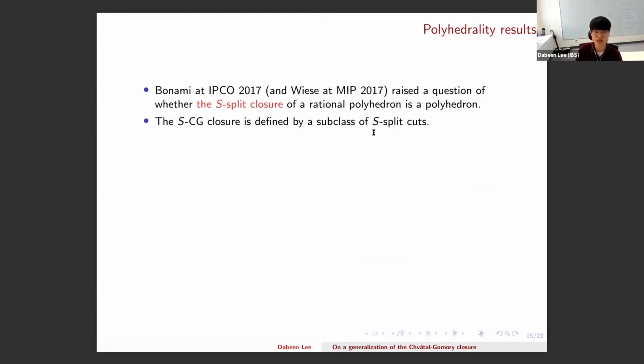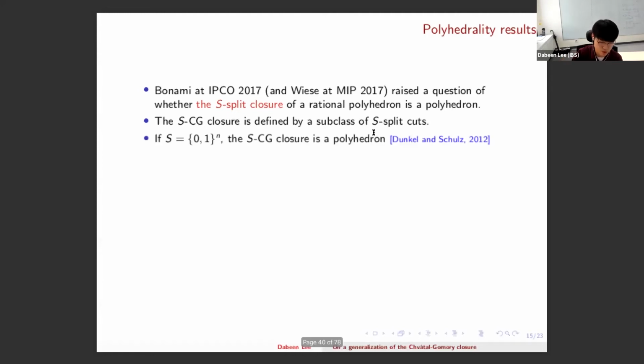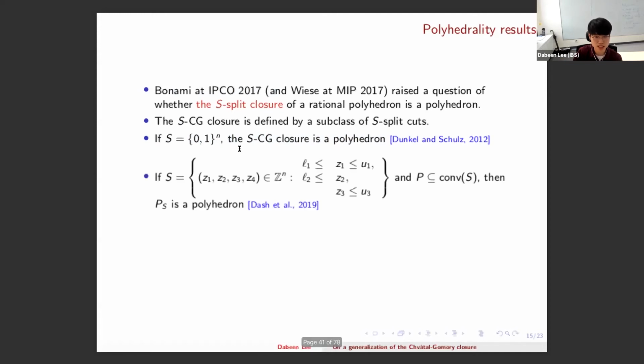Our closure is defined by a subclass of S-split cuts. Regarding this setting, Dunkel and Schultz proved that the S-CG closure is a polyhedron if S is the set of binary points. Motivated by this result and this question, we recently proved the following result.